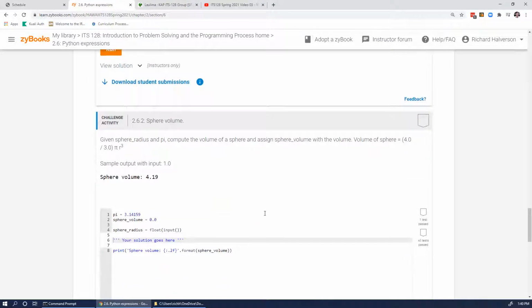All right, here's another one where you're given this expression here, and you're supposed to write the Python version of that. And so this is, let me pop up my whiteboard here.